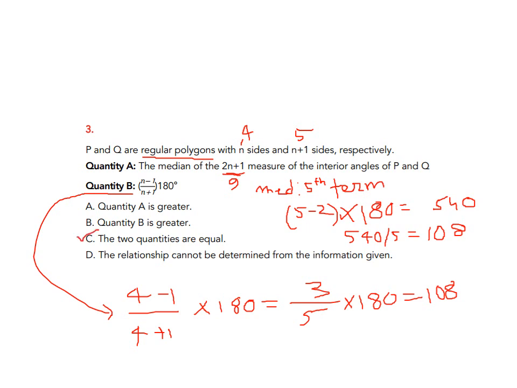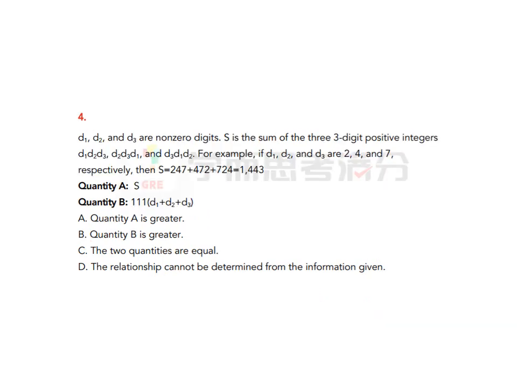The fourth question says D1, D2 and D3 are non-zero digits, and S is the sum of the three three-digit positive integers D1 D2 D3, D2 D3 D1 and D3 D1 D2.